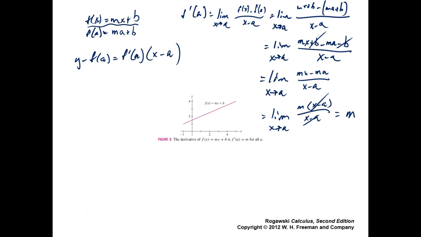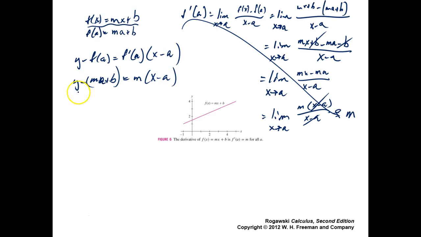Okay? So now we can plug that back into our first formula. Our formula here. y minus, what was your f of a? mx plus b. No, ma plus b, sorry. Is equal to, and what was your f prime of a? m times x minus a.